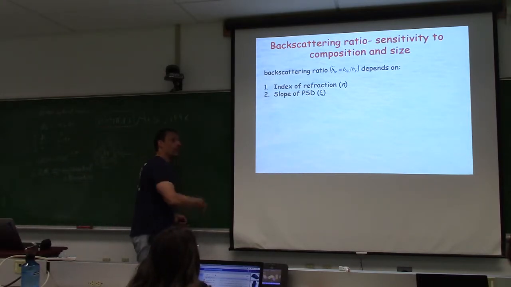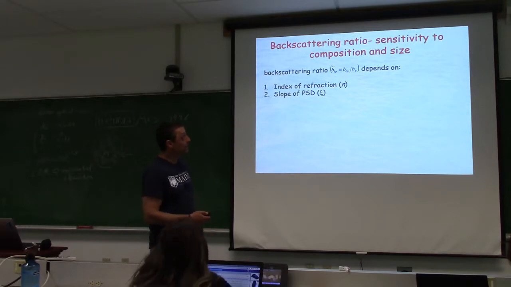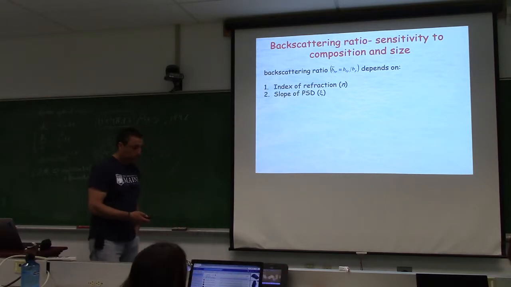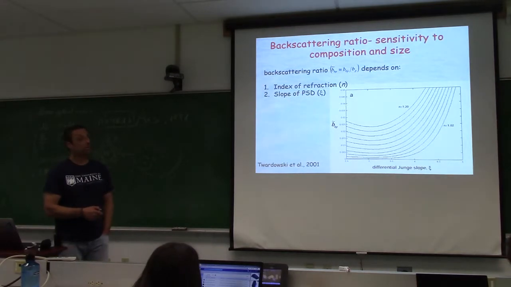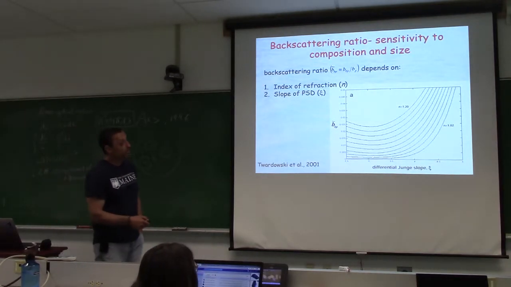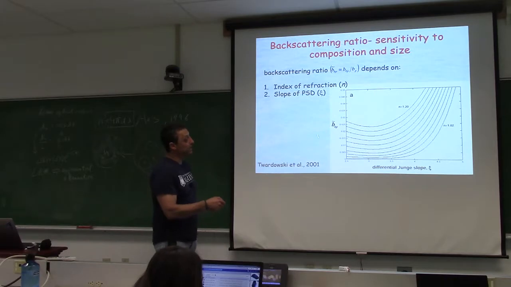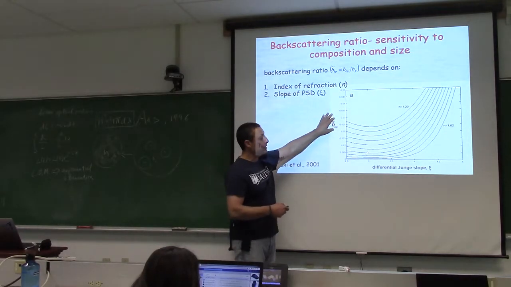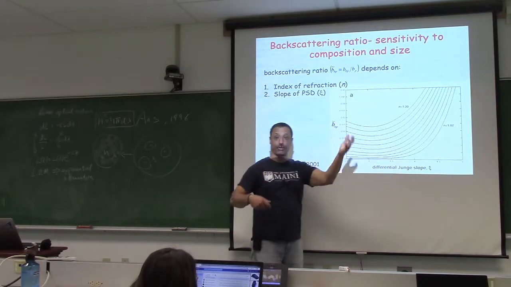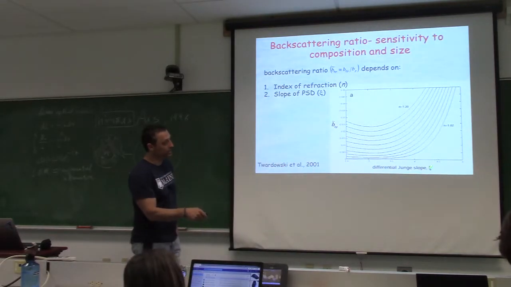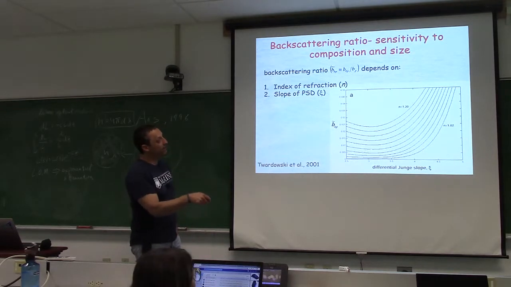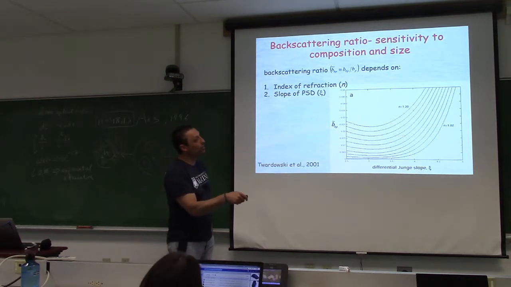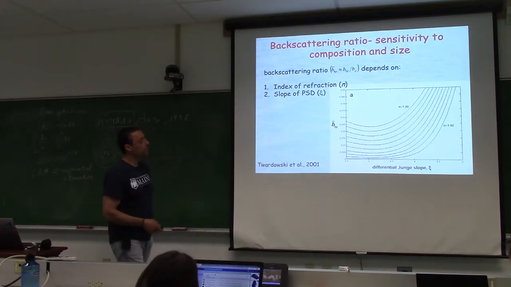And many of you, for the homework yesterday, looked at this paper by Twardowski, where using Mie theory, we were able to get a phase space where backscattering ratio is here, and the slope, assuming a power law, it should not say Young, it should say power law exponent here, we have lines of equal real part of the index of refraction.